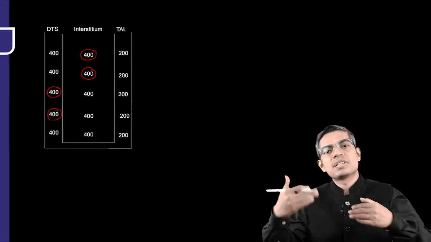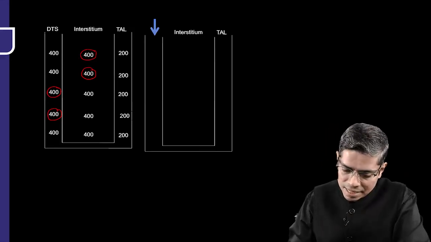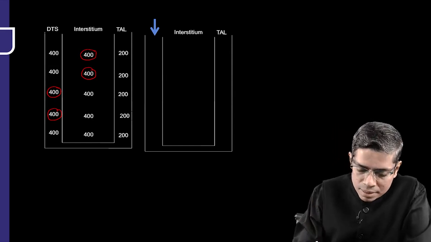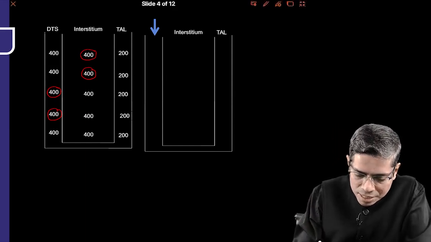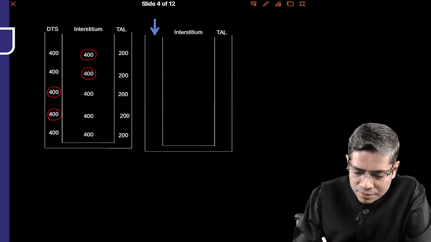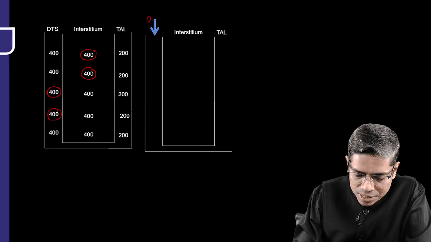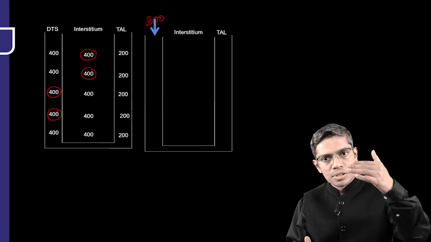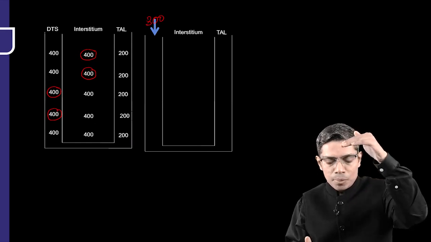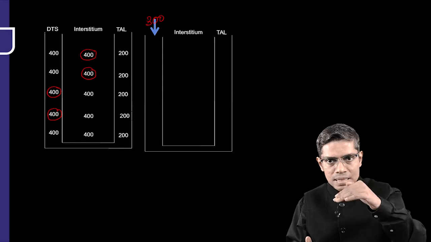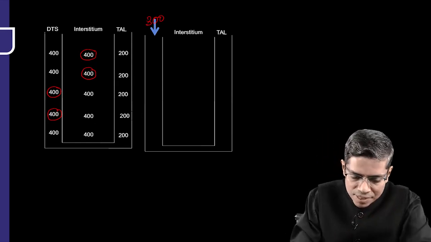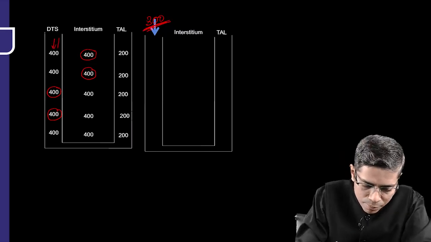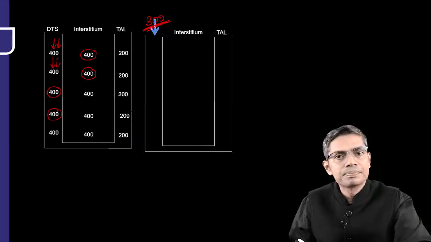Now the second cycle will begin, and the same thing will happen. In the second cycle, fresh solution is reaching here. Fresh solution means the tonicity is 300. The fresh solution is reaching from the proximal convoluted tubule to the descending thin segment. That fresh solution, which has a tonicity of 300, will push the 400 solution which is already there.